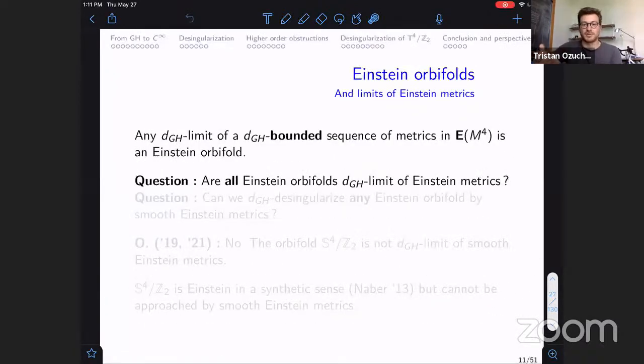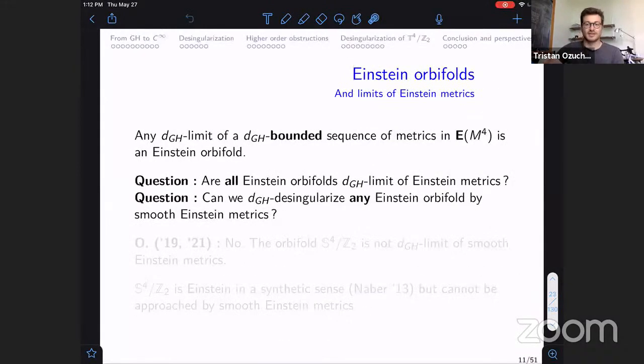Einstein orbifolds are limits, but are they all limits of a sequence of Einstein metrics? If you reverse the question, it becomes: can we desingularize every single Einstein orbifold by smooth Einstein metrics? That's a very basic and simple question on this topic, just the converse of the previous one.